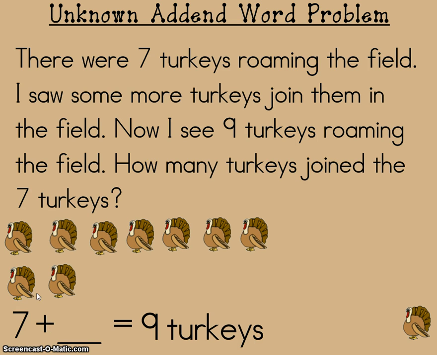You got it. 2 turkeys joined. So my missing addend is going to be 2. So to fully answer the question, how many turkeys joined the 7 turkeys? The answer would be 2 turkeys joined the 7 turkeys. That is how you solve an unknown addend word problem.